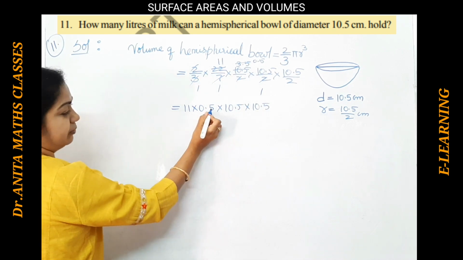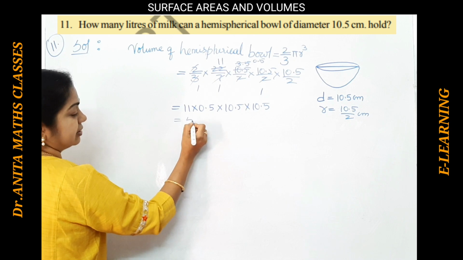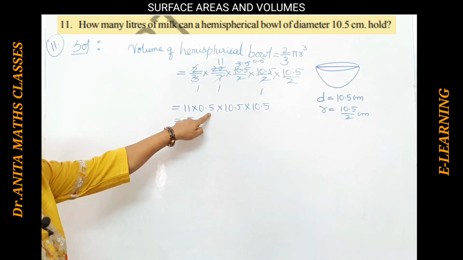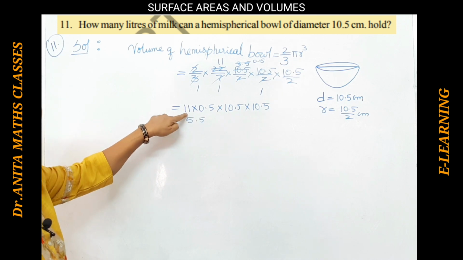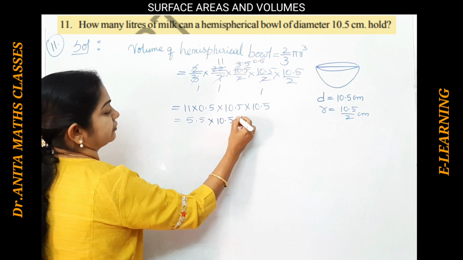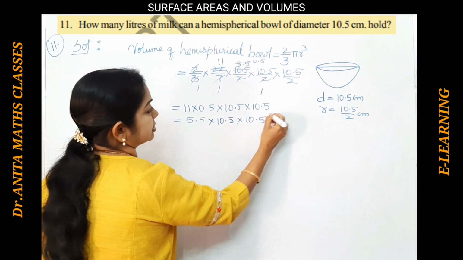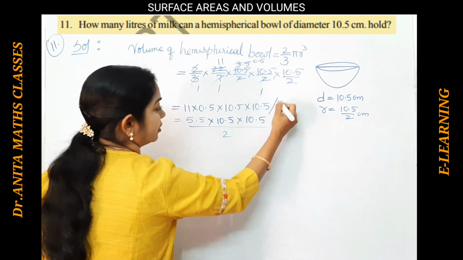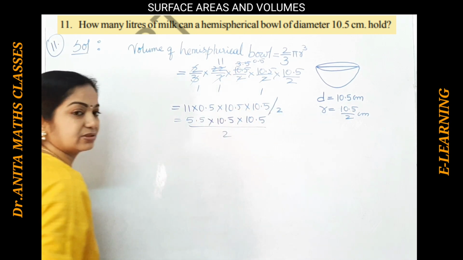Here 11 into 0.5, half of 11 is 5.5, into 10.5 into 10.5. Still there is 2 here, I forgot, so upon 2 is also there.